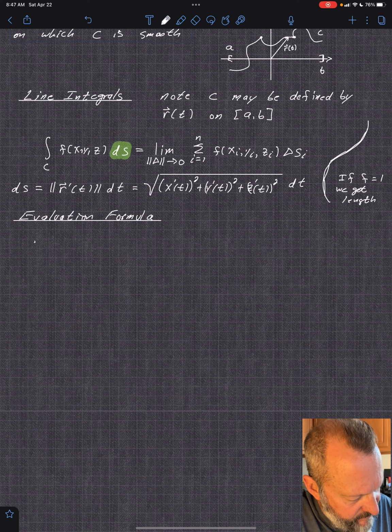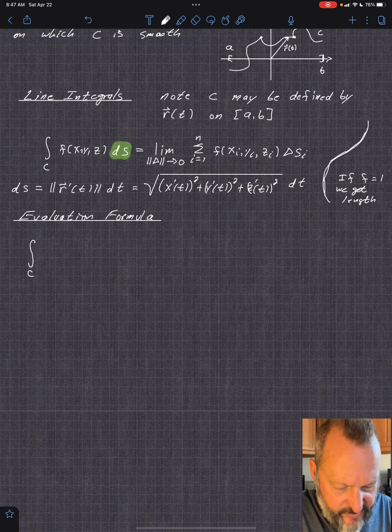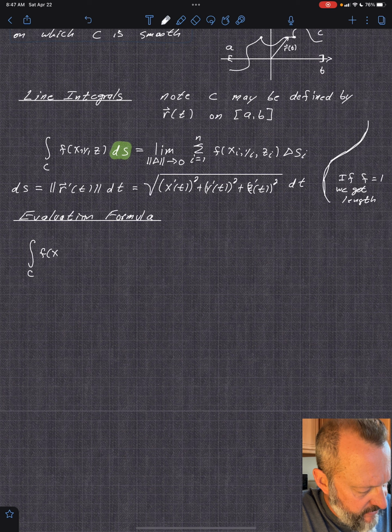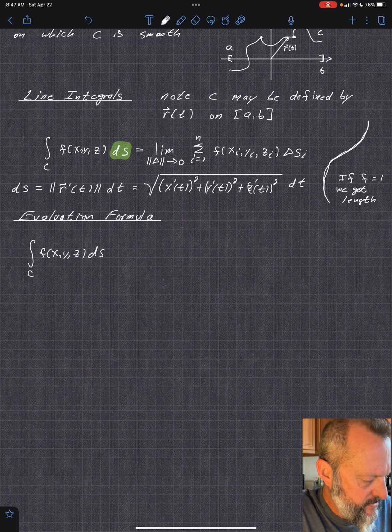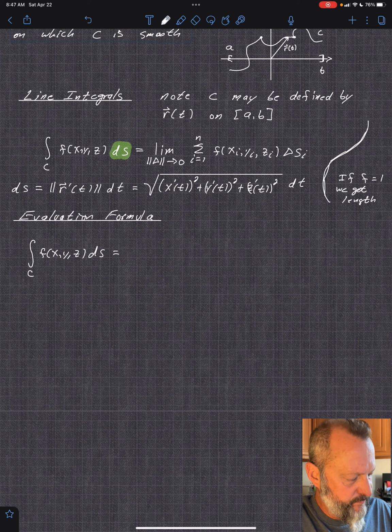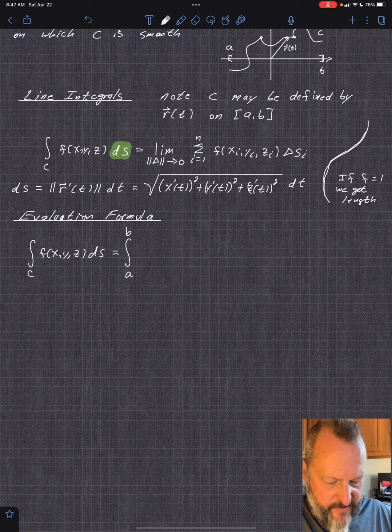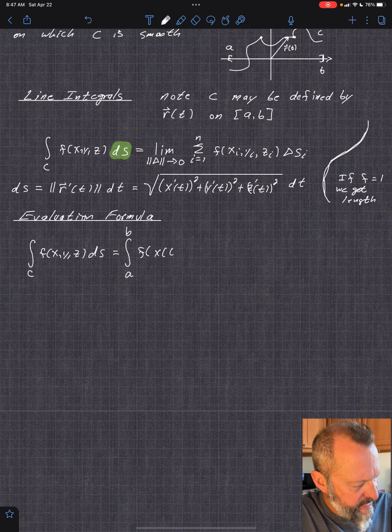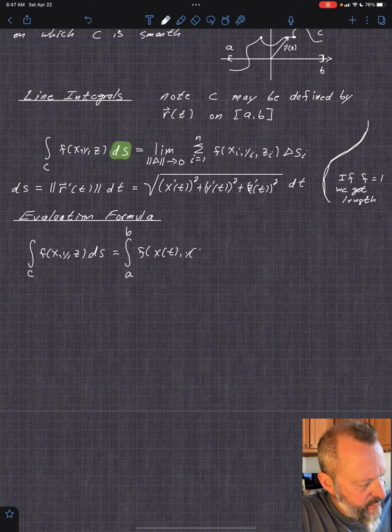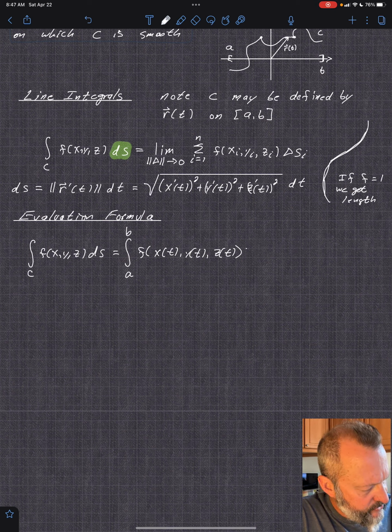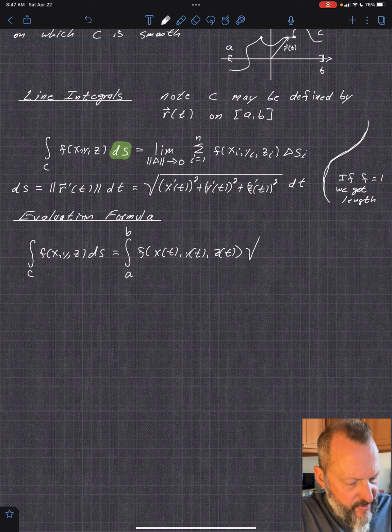So if you have the integral over C of f of x, y, z ds, that's equal to the integral from a to b of f of x of t, y of t, z of t times the square root of all of that above.